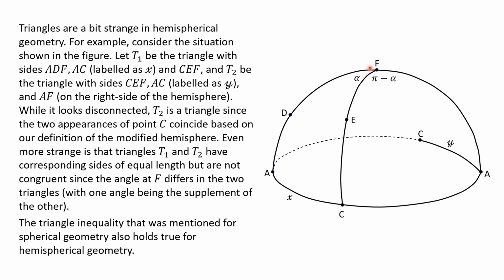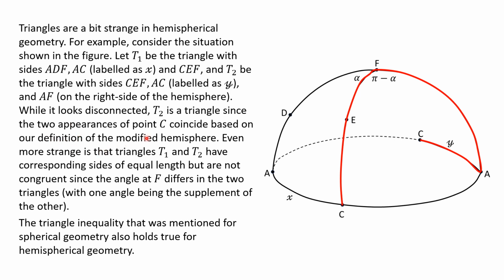So this side, and this side. Draw it in red. So that's a triangle, believe it or not. You notice you're going from A to C, and then C to F, and then F back to A. So it's kind of distributed.